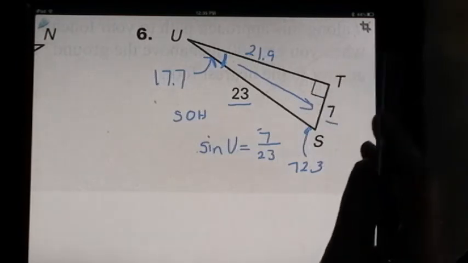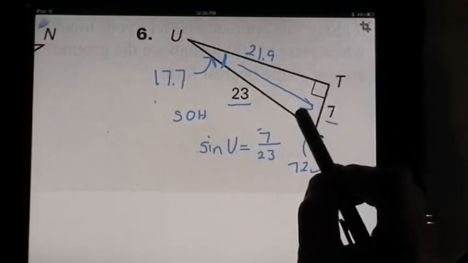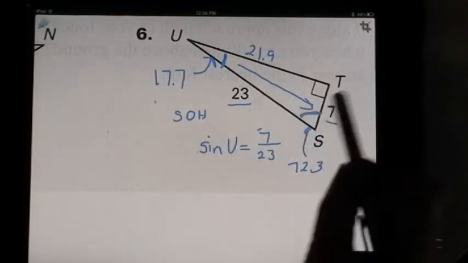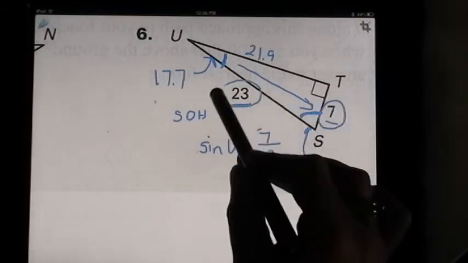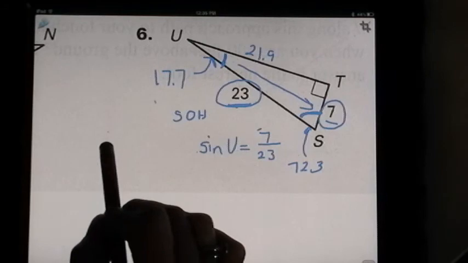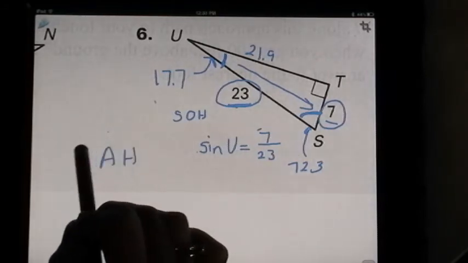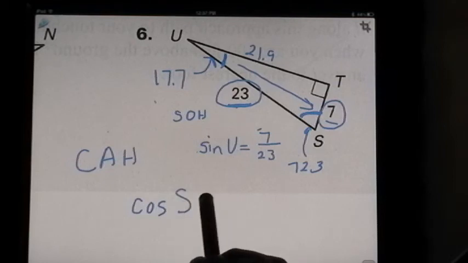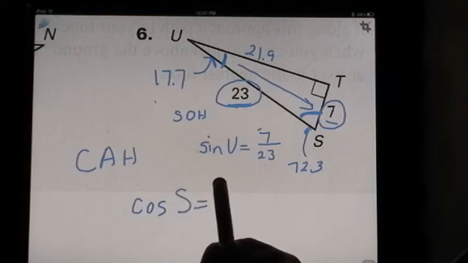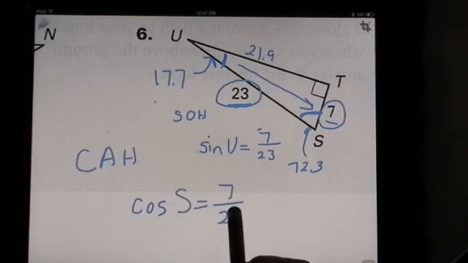It's always nice to be able to check your work, so let's try doing this with a different trig function. For S, 7 is the adjacent side and the 23 is the hypotenuse, so we're going to be using adjacent and hypotenuse, which is cosine. Cosine S equals the adjacent side, which is 7 over 23.